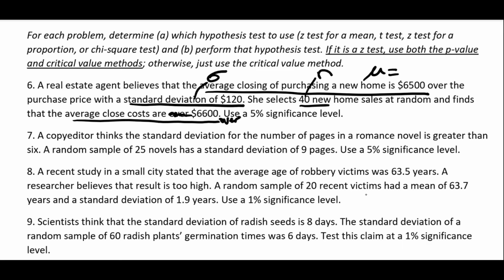Sorry, that's just a typo. So this average cost right here is from the sample. So this is your X bar. Now this is clearly your alpha, 5% significance level. So we're going to go ahead and label those variables and determine the claim and all that.